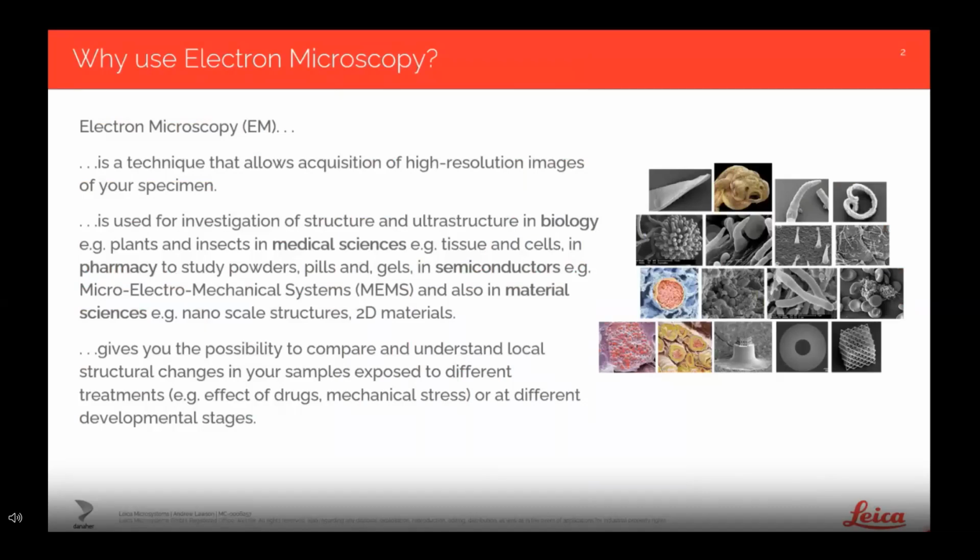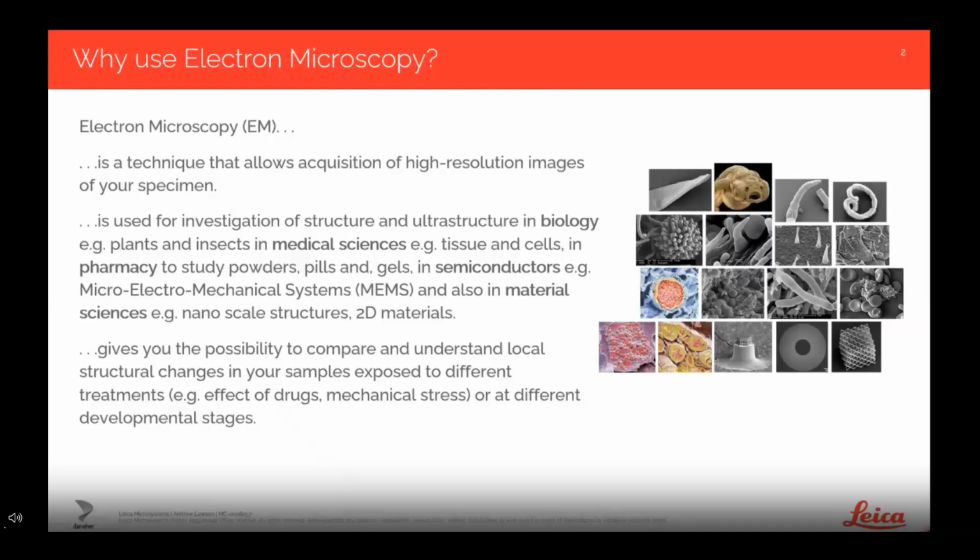So first, why use electron microscopy? If you're joining us for the webinar, you likely are already well versed in electron microscopy. But electron microscopy is a technique that allows you to produce high-resolution images of your samples. It's often used in life science for the study of structure and ultrastructure of plants and human tissues.